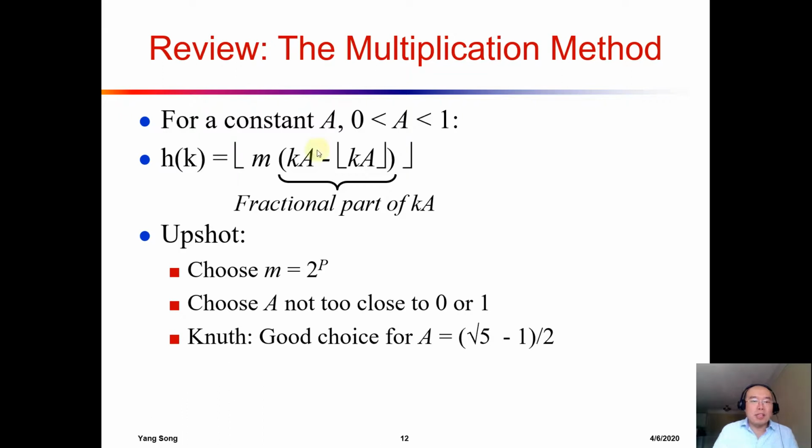In this parenthesis, we have the fractional part of ka, which is guaranteed to be between 0 and 1. So we multiply by m, and then we take the integer part again. This value is again guaranteed to be between 0 and m minus 1. So those are the allowed keys in the hash table.